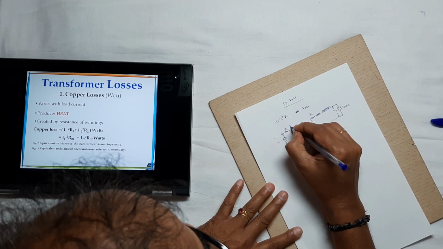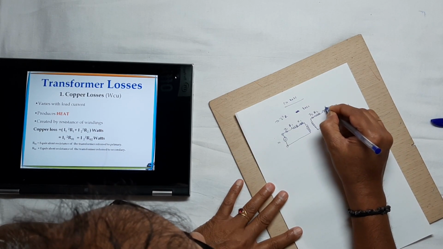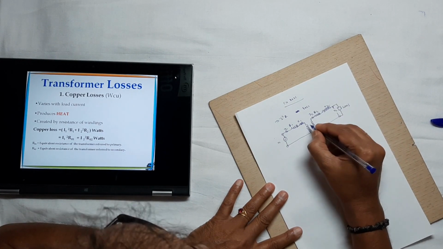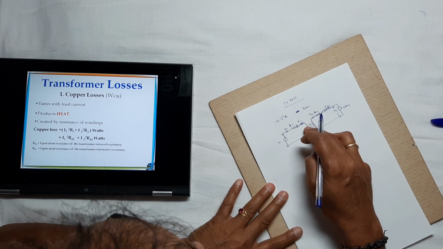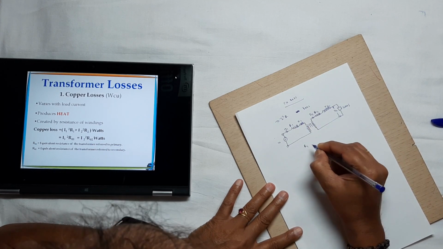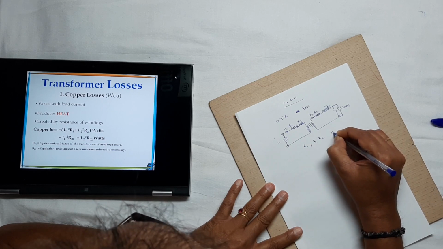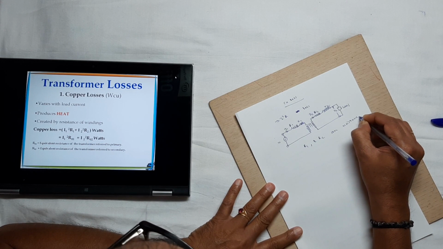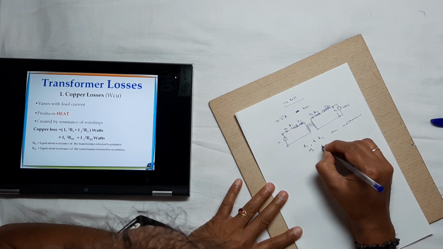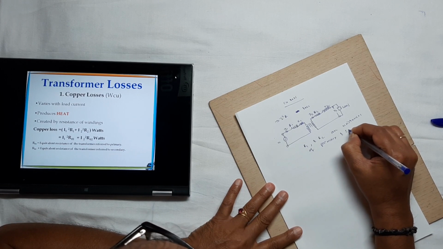Then we have R1, X1, R2 and X2, where R1 and R2 are the resistances of the primary and secondary windings.